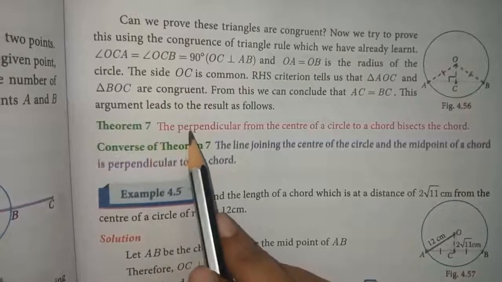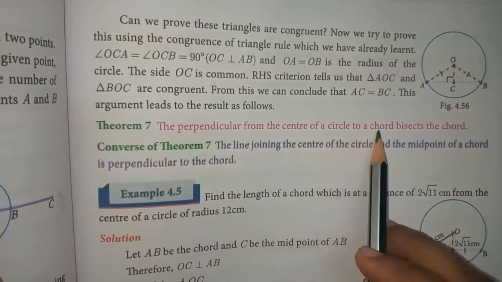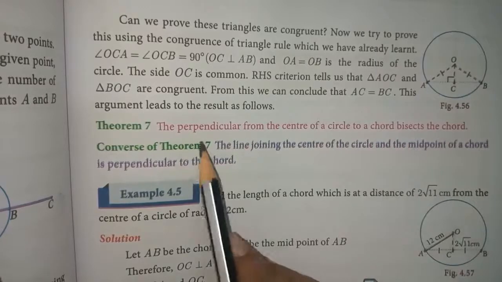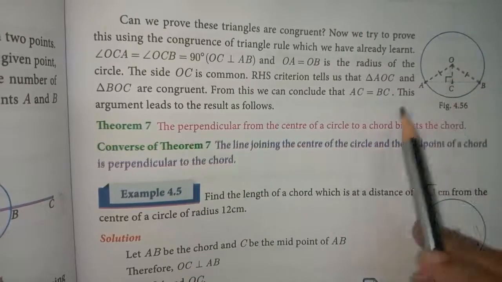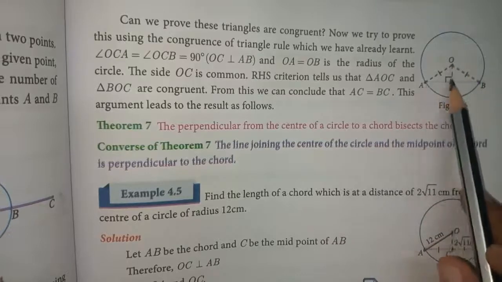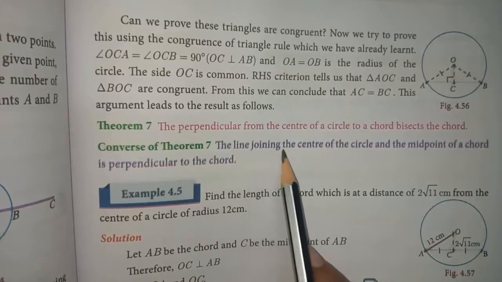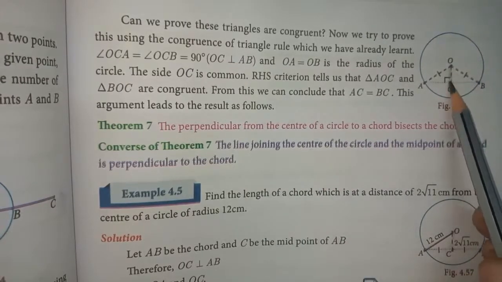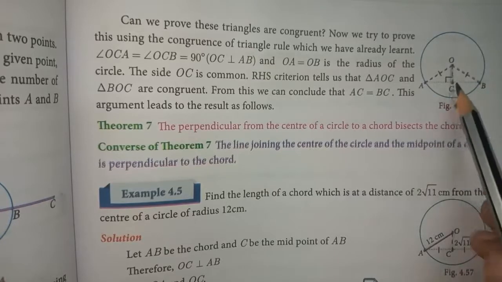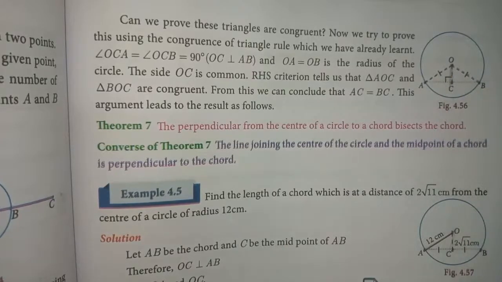Theorem number 7, the perpendicular from the center of a circle to a chord bisects the chord. Converse of theorem 7, the line joining the center of the circle and the midpoint of the chord is perpendicular to the chord.